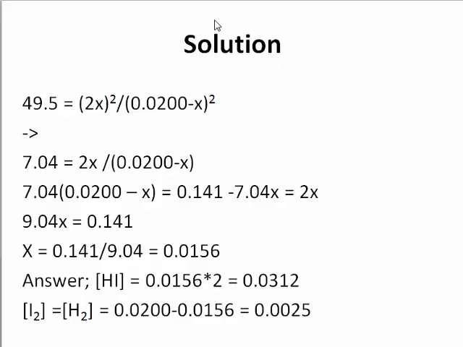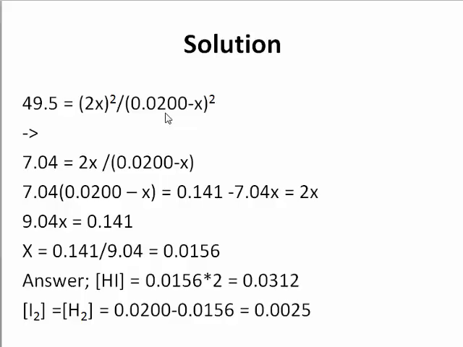Now let's consider a solution in which we solve for x. K is 49.5, that appears on the left. On the right, we have 2x squared in the numerator. In the denominator, for H2 and for I2, we have 0.0200 minus x. So you multiply both of those together, and the denominator is 0.0200 minus x squared.